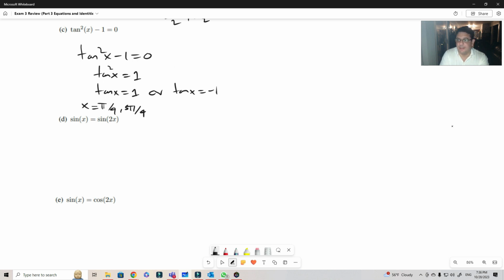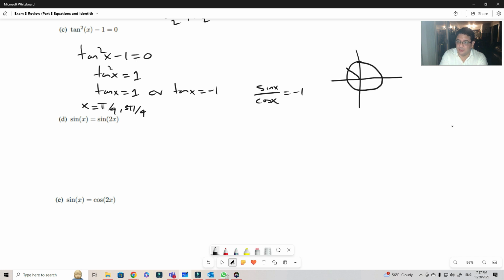So tangent of x equals minus 1 means that the sine and the cosine have the same value, but they have opposite signs. And so in the unit circle, pardon my circle here, that's only going to happen in 2 points.